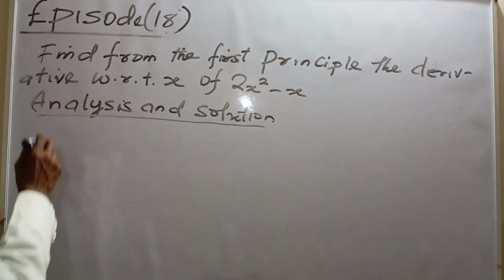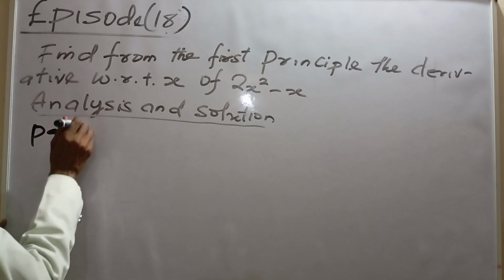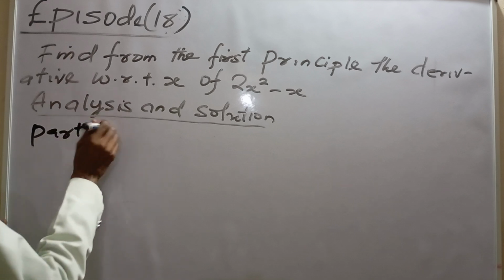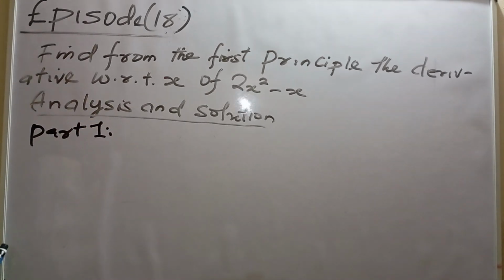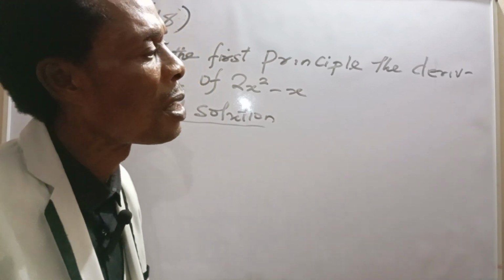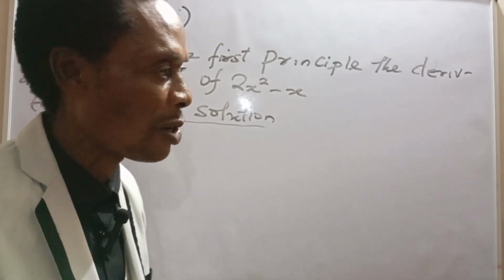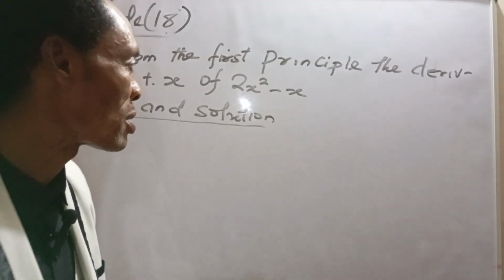We start by giving us our part. This is our part one. So how do you start? By first principle. First principle is one of the foremost applications in differentiation in resolving differential problems.